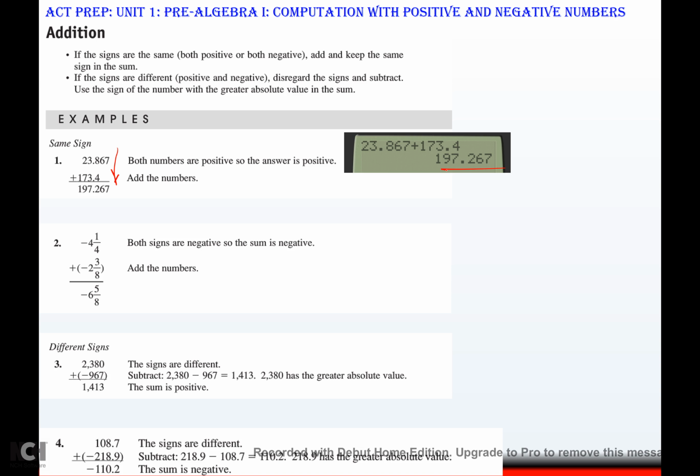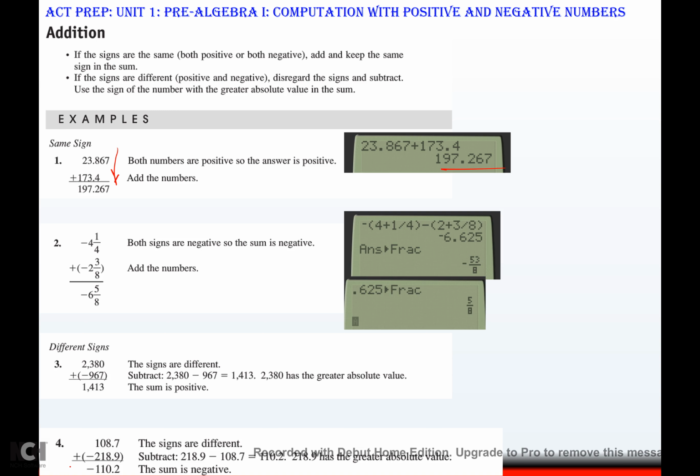Fractions, so you've got to be careful when you type these negative mixed numbers. I've got to put that negative on the outside of parentheses. Otherwise, it's going to be a -4, and you're going to add a fourth to it, which is really -3 3/4. You want the whole thing to be negative.